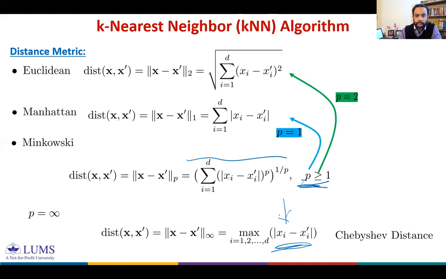And these distance metrics are only defined for continuous variables, right? So these metrics are defined when x and x dash are in the real space. When the feature vector is categorical in nature, we cannot use these distance metrics. To handle categorical variables, we will define another distance very shortly.